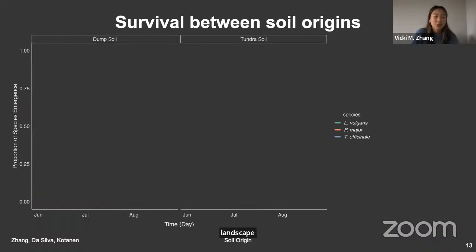Again, I'm showing you survivorship curves. This time they're non-parametric, so they won't be nice smooth curves. Again, I have the proportion of species emergence along the y-axis and the time along the x-axis from June to mid-August, colored by species, and separated by whether they were in dump soil or tundra soil.